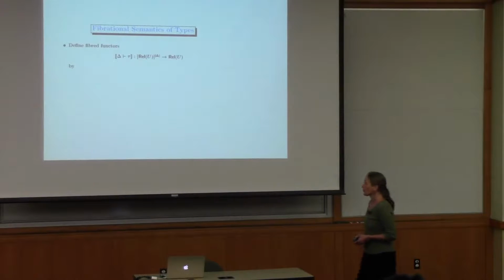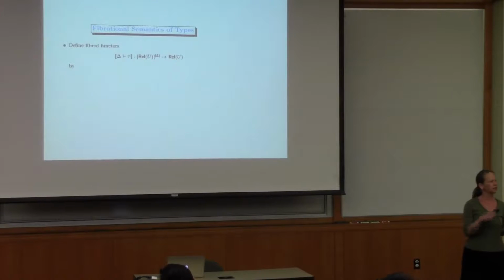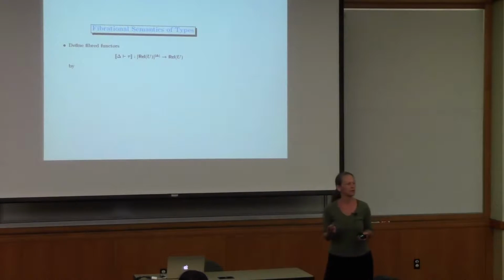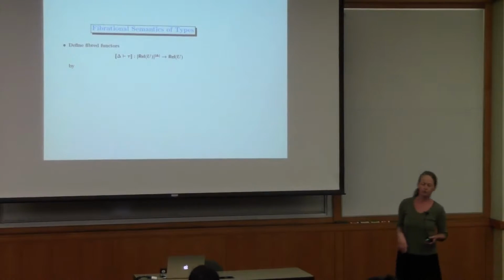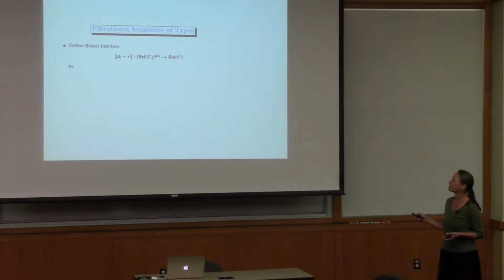Okay. So let's try and build up the model. So I need to interpret types, and I need to interpret terms. So I'm going to start off with types, again, for 2 reasons. One is that types are easier, and secondly, types logically precede terms in system F, right? So I'm going to start with the types. So remember that we want the interpretation of every type to be a fibered functor from Rel U to the cardinality of this context to Rel U. So the reason I have a functor is because I can't just take the interpretation of a type to be a relation.